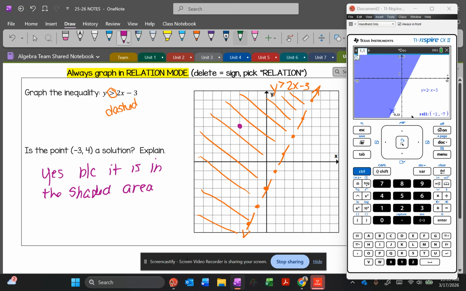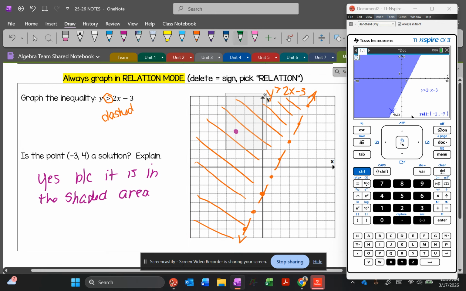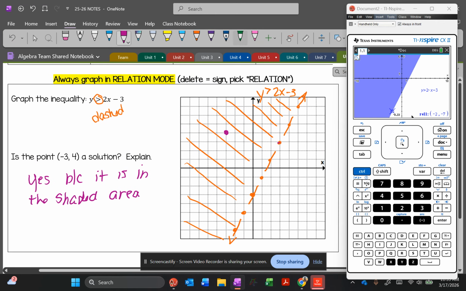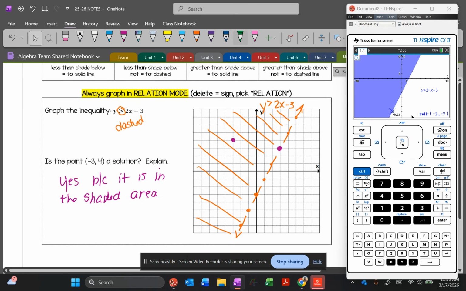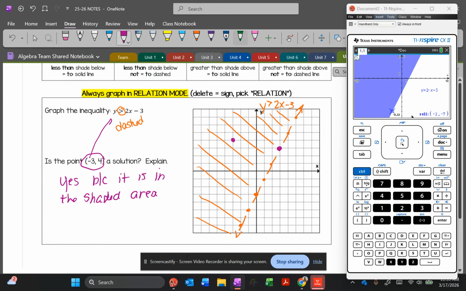A couple other things that I want to point out is if I had asked you if this point here, 3, 3, were a solution, we would say no, because it's on a dashed line. So anytime a point is in this shaded area or on a solid line, it is a solution. That means if I took this point here and substituted in my x and y and simplified, it would create a true statement.